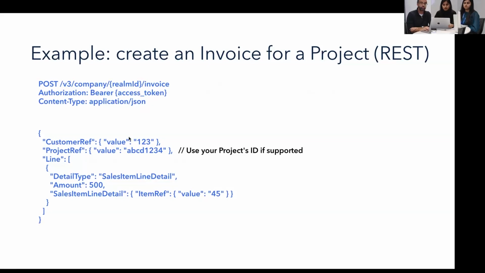You have your customer ref. So here this is how you would be using your project's ID if it is supported. And once you make the API call, the invoice will be created under that particular project. So this would link your invoice to that project.